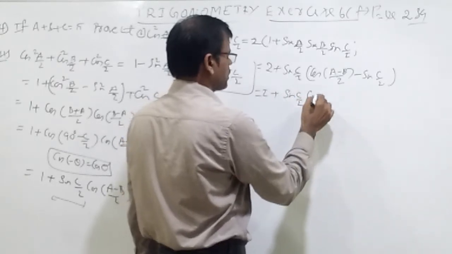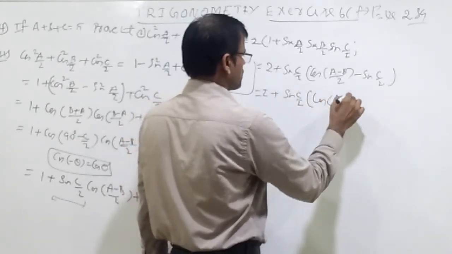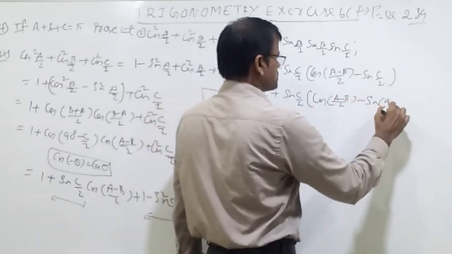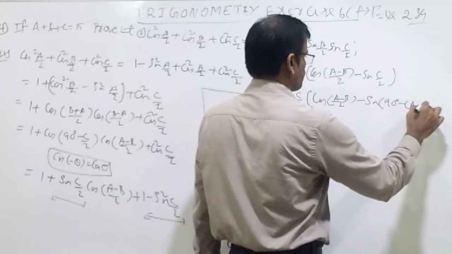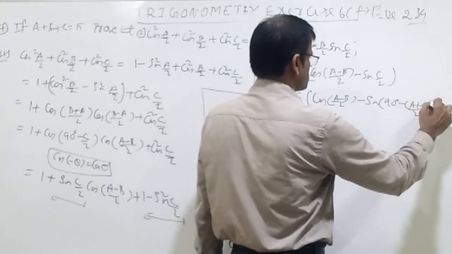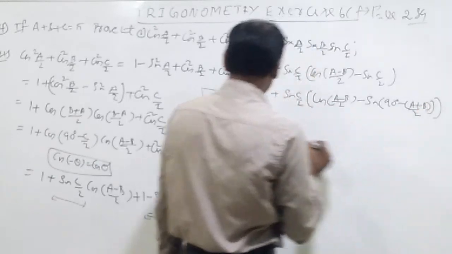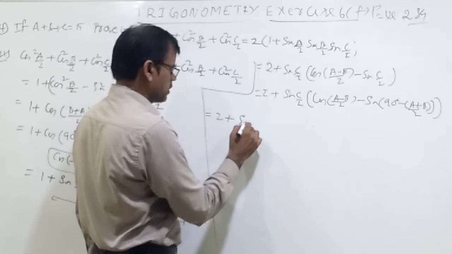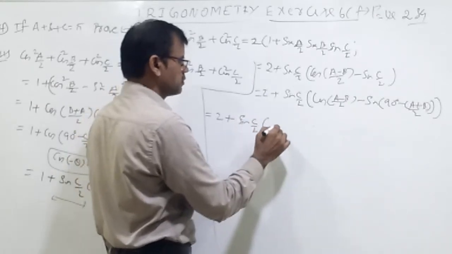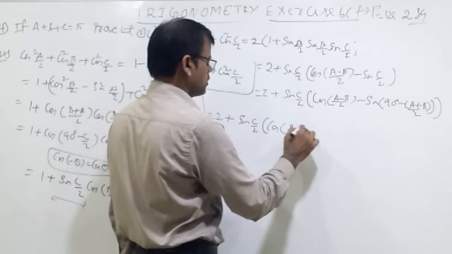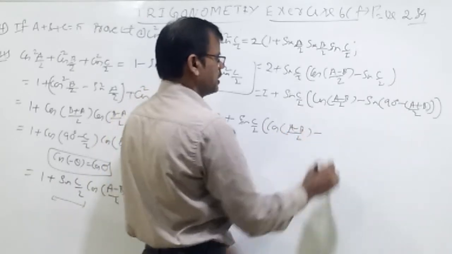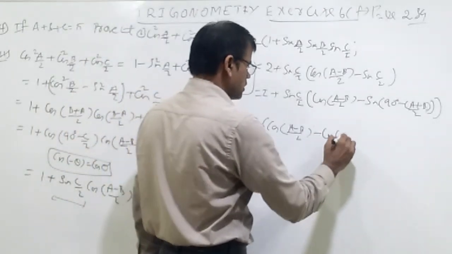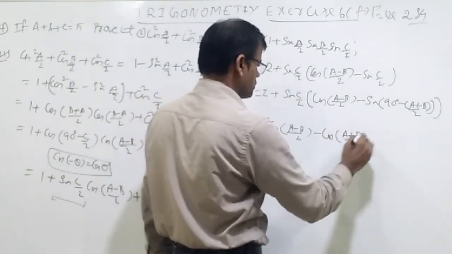That is equal to 2 plus sin c by 2 into cos of a minus b by 2 minus, this sin c by 2 can be understood as sin of 90 minus of a plus b by 2. Sin 90 minus theta becomes cos theta, so minus cos of a plus b by 2.